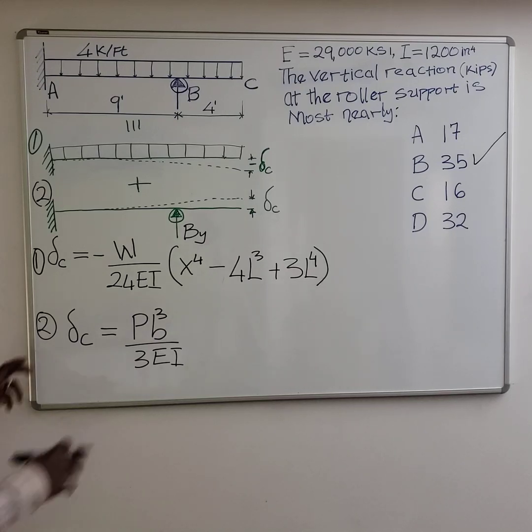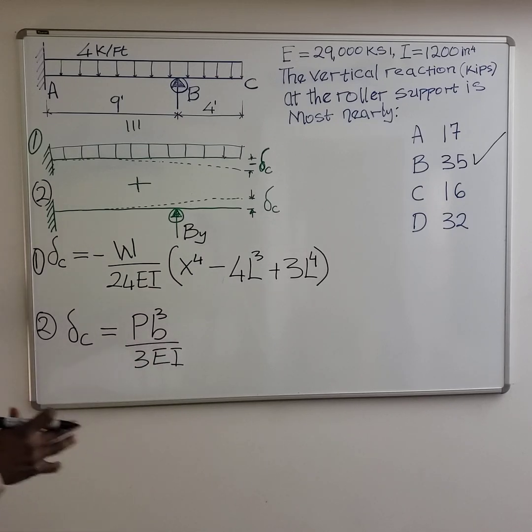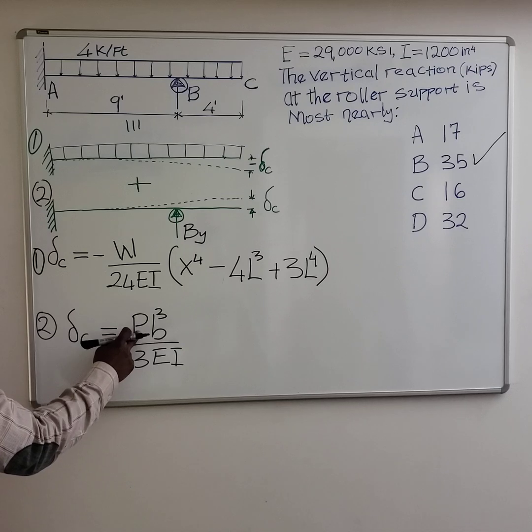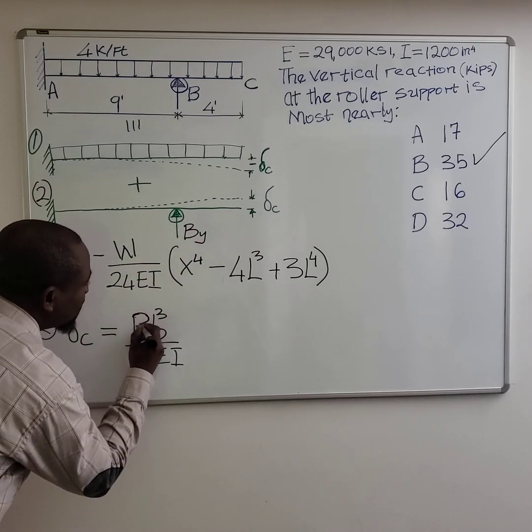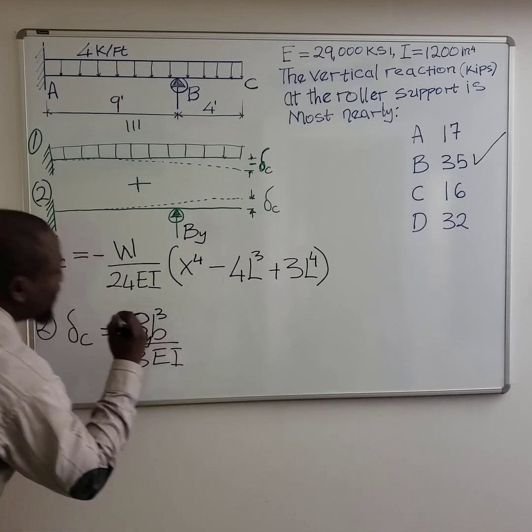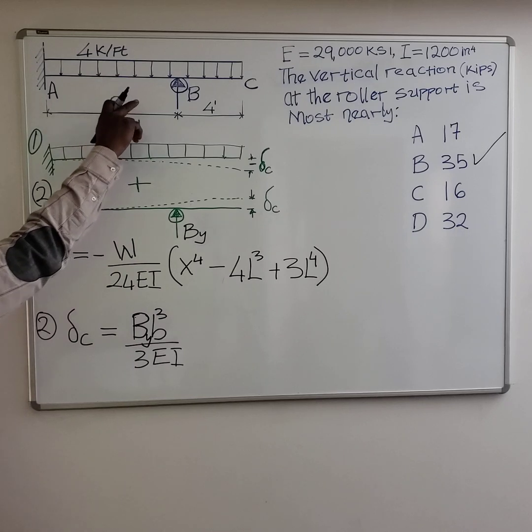The point is, you want to equate these two formulas and have them as 0. So you want to sub them individually, and then put them together. Now our P here represents as BY, so you can take this one out and it becomes your BY.